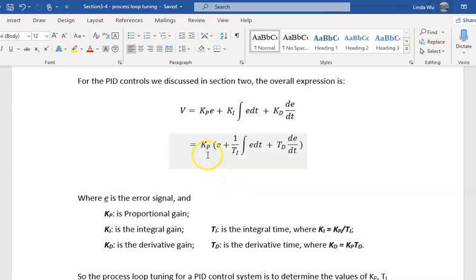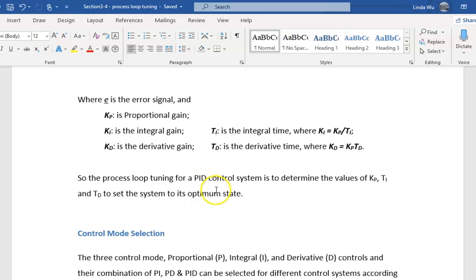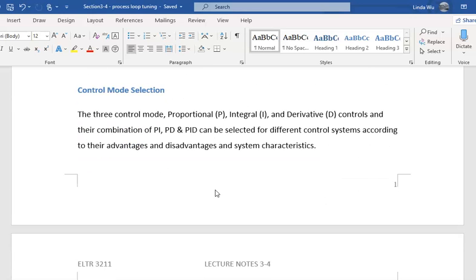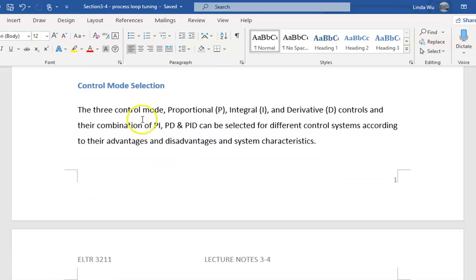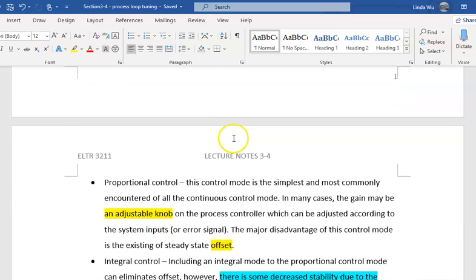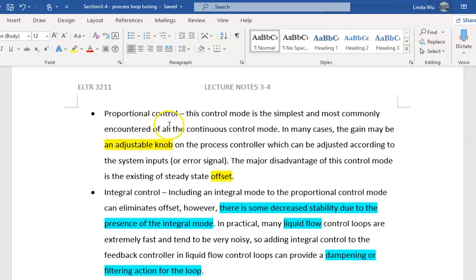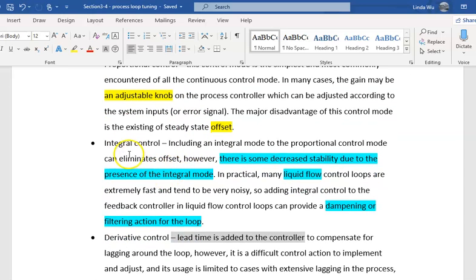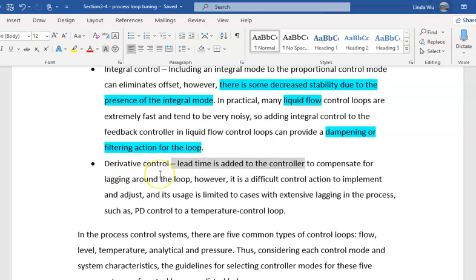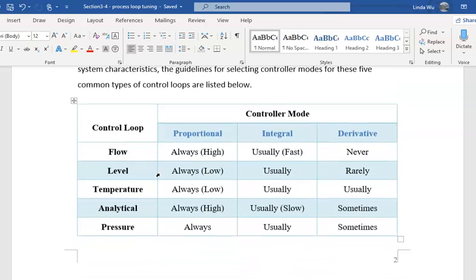So we have three factors, Kp, Ti, and Td. For the tuning, first we talk about the control mode selection. Those are the basic rules for when we select proportional control, when we use integral control, and when we use derivative control.